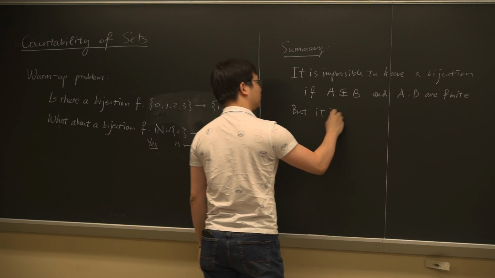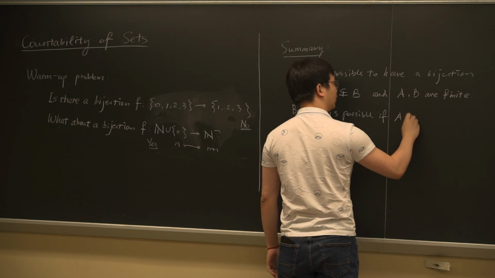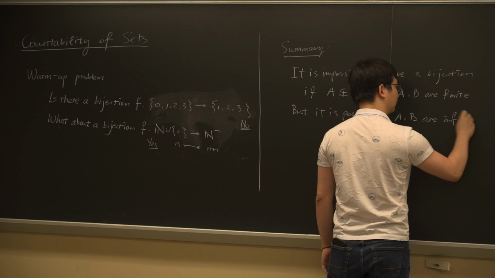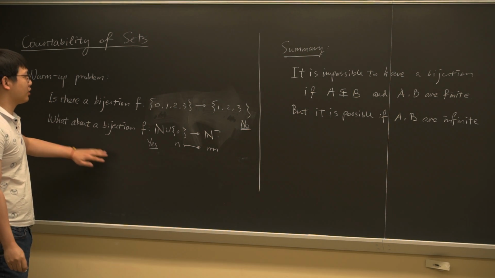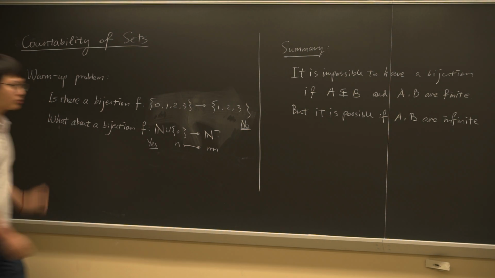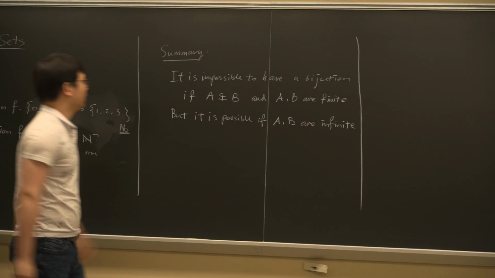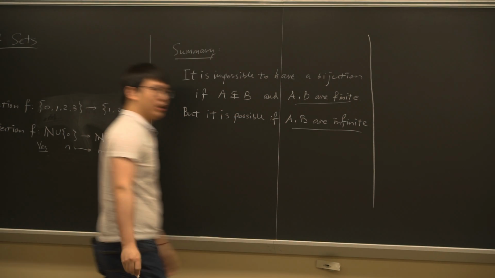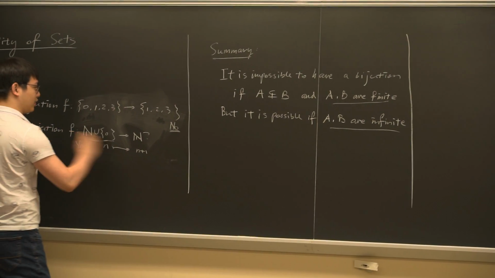But it is possible if they're infinite sets. Okay, so this is the observation we have from this warm-up problem. And this is indeed a very huge difference between finite and infinite sets, right? If they are finite, this is not possible. If they're infinite, this is indeed possible. We're going to see a little bit more of this example from N union 0 to N.